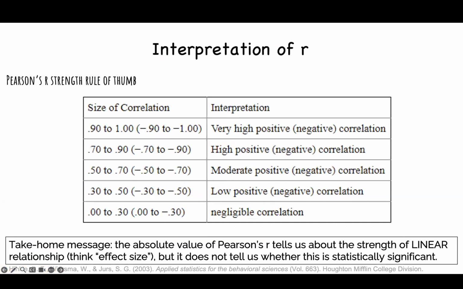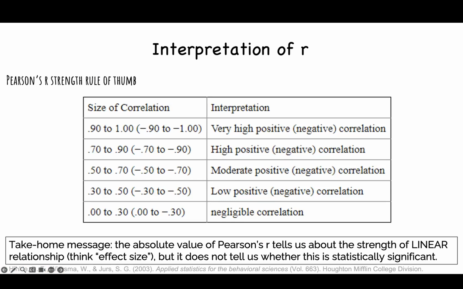This table is from a colleague's paper, and the Pearson's R strength rule of thumb for behavioral science is listed here. Some scholars use different interpretations for the size of the correlation, but we can share some thoughts here. An R value above 0.9 or smaller than -0.9 shows a very high positive or negative correlation. And R values with an absolute value larger than 0.3 indicate a low correlation.